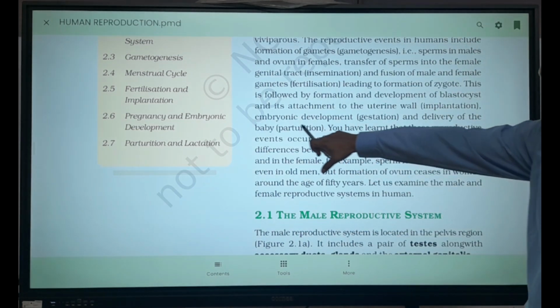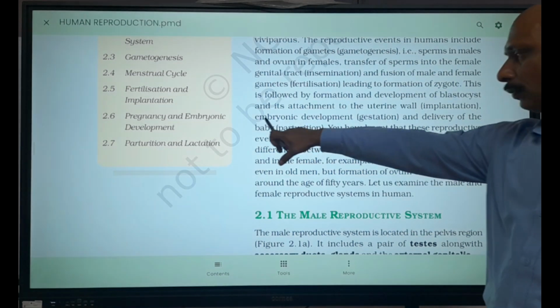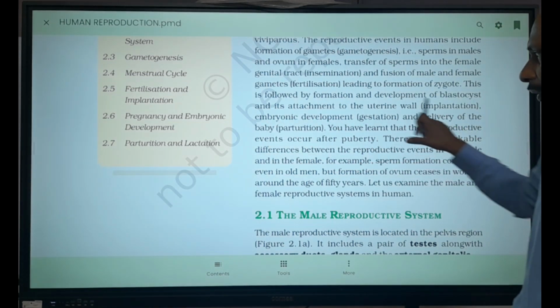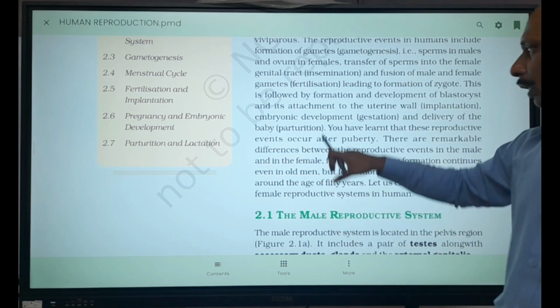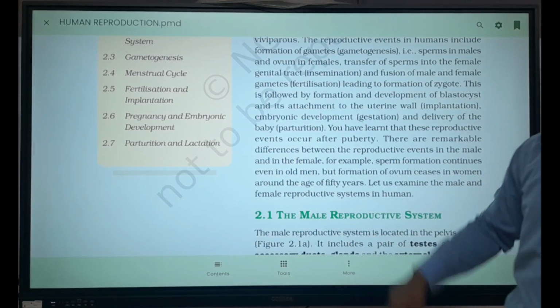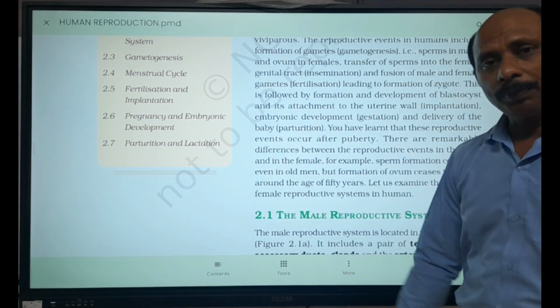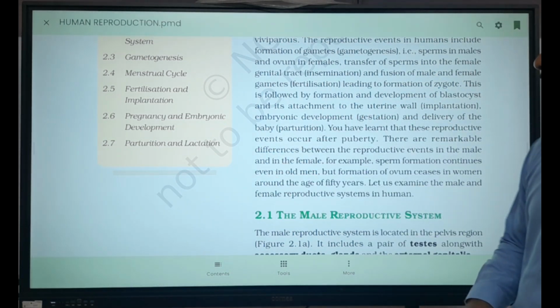Then after embryonic development, the post-fertilization events, comes gestation and delivery of the baby, called parturition.